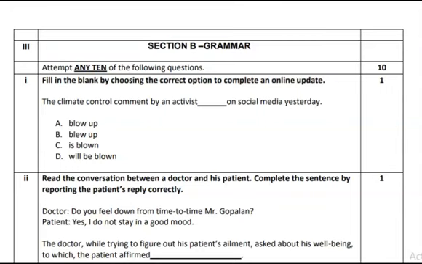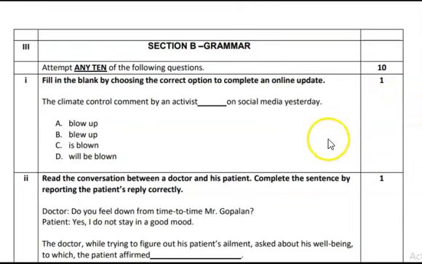After this class, I will be posting one grammar video, especially with some techniques. Keep that video with you, then solve any sample paper and check whether you are scoring 10 marks from the grammar section or not. But at present, let me discuss these 12 questions and how you can score 10 by 10 from this one.